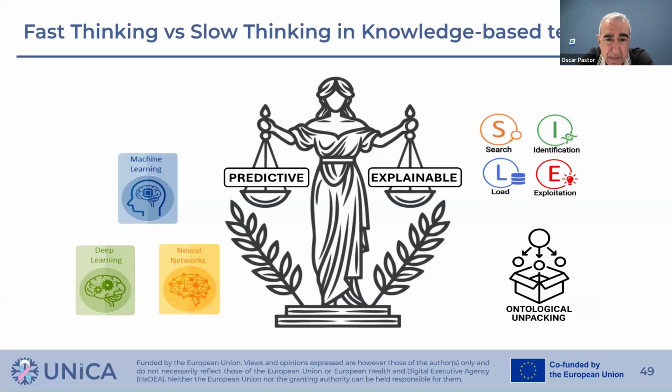This is the third dream, to combine predictive AI with explainable AI in such a neuro-symbolic AI. On the one side, we are able to identify patterns from raw data, for instance from people that have or have not a given disease, and identify the reasons that explain such a disease.